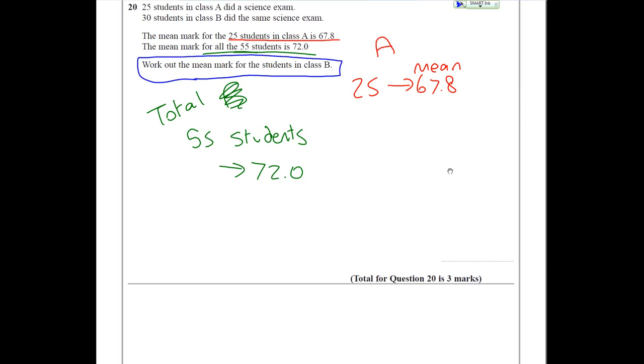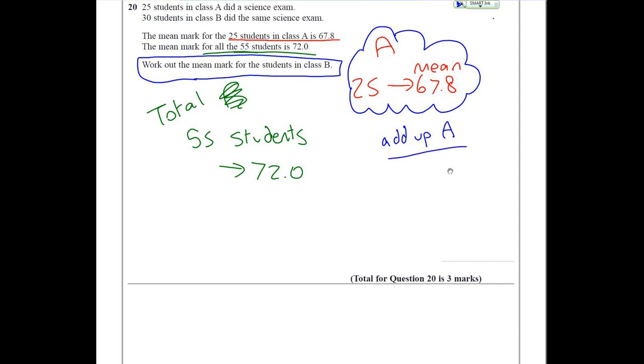We basically know that if you add up class A and divide by 25... I don't know what notation to use not to confuse you. At A level you'll use sigma, but at the minute I'm just going to show you what we're talking about in words. We add them up, divide by 25, we get 67.8. This is a calculator paper, so we can do any multiplication or division we want.